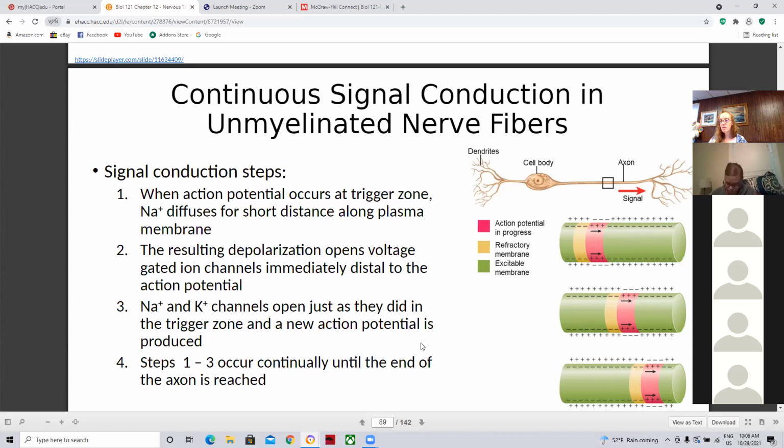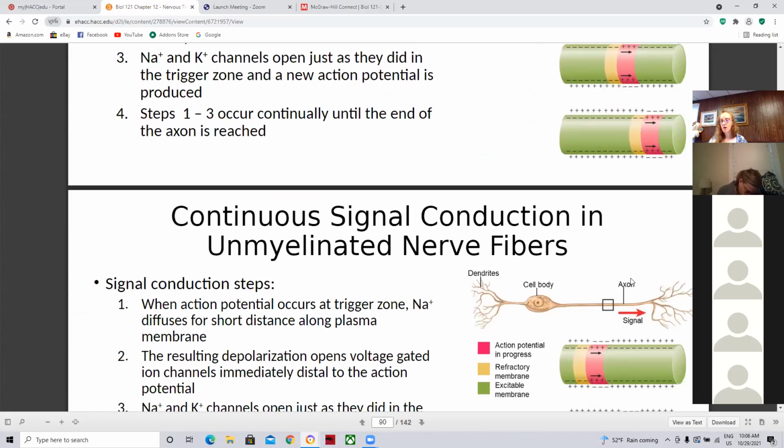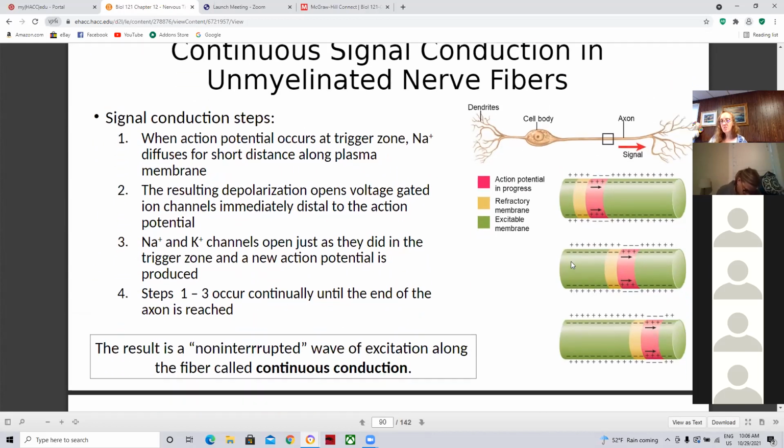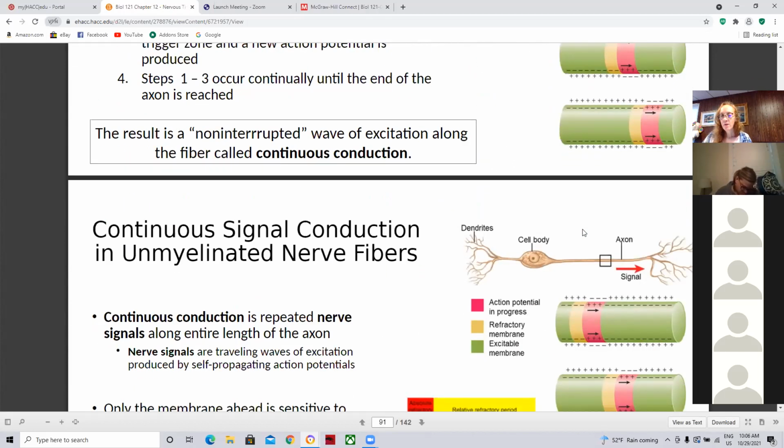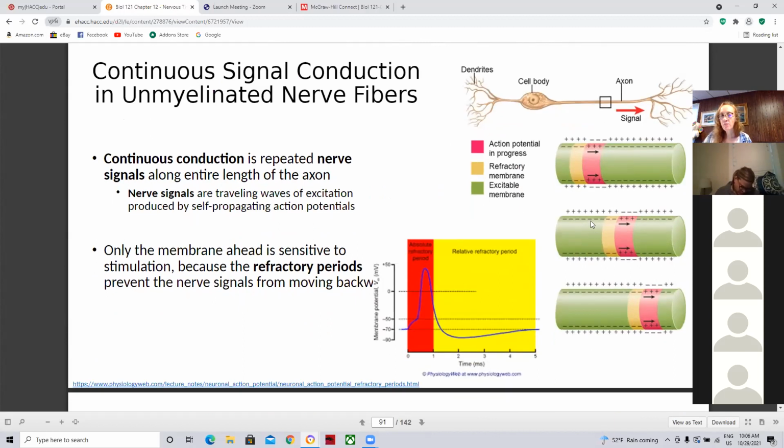So steps 1 through 3 of this continuation are going to occur all the way until the end of the axon, because action potentials are self-propagating. So the result is this non-interrupted wave of excitation along the fiber called continuous conduction. This is repeated along the entire length of the axon.